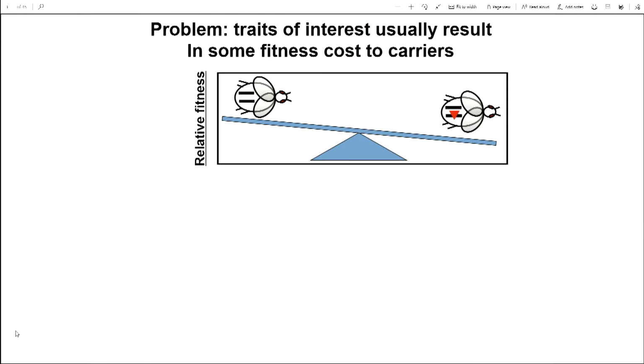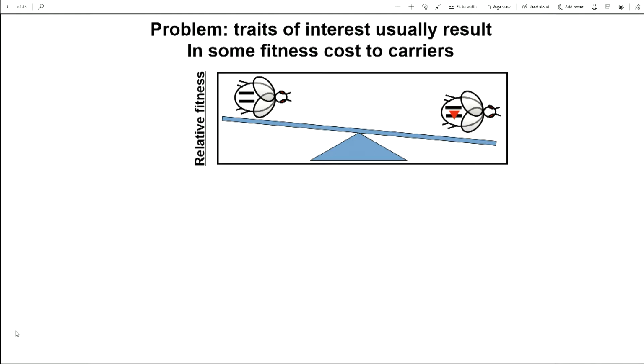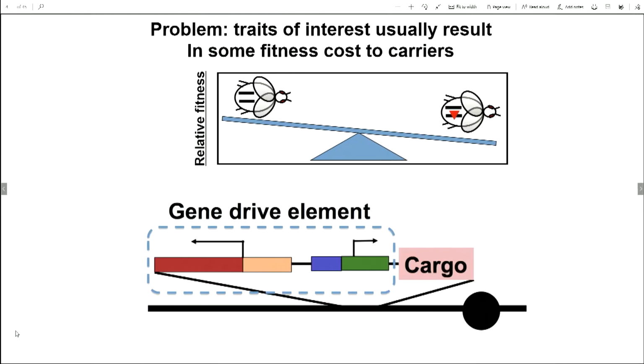As Andrea mentioned, the bottom line problem is that genes that you want to put into a population don't confer a fitness benefit. At best, they're neutral. Usually, they have some sort of cost in terms of life history. And so the goal of all of our work, and that of a lot of other people, is to create something called a gene drive element.